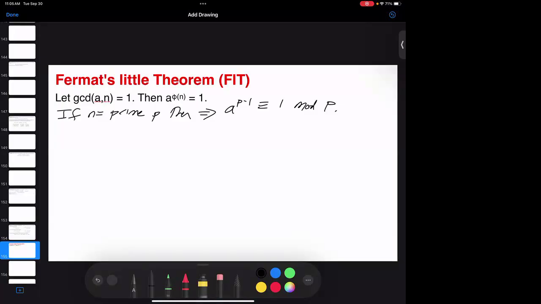Can somebody give me a composite number? 6. Are you sure 6 is composite? How do you know that 6 is composite?